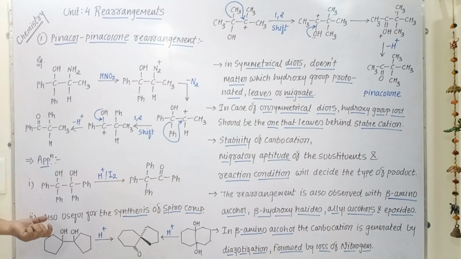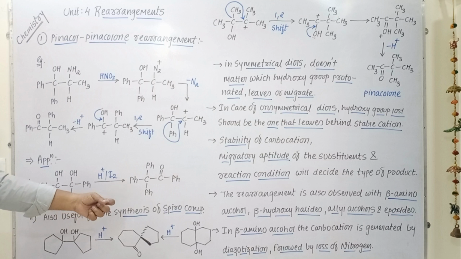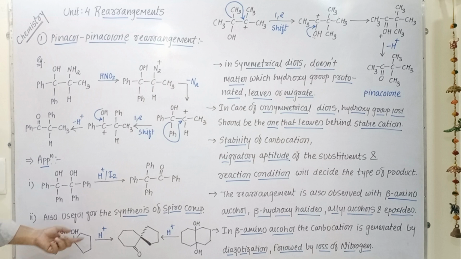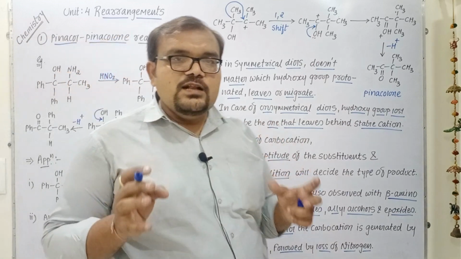This rearrangement is also useful for the synthesis of spiro compounds, as we can see here. Both these types of diol can undergo such rearrangement in acidic media to give such a spiro compound. So in this way we can easily memorize the Pinacol-pinacolone rearrangement.